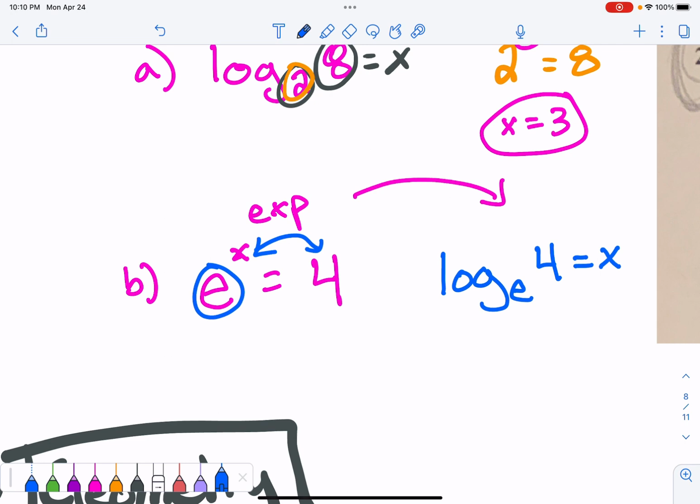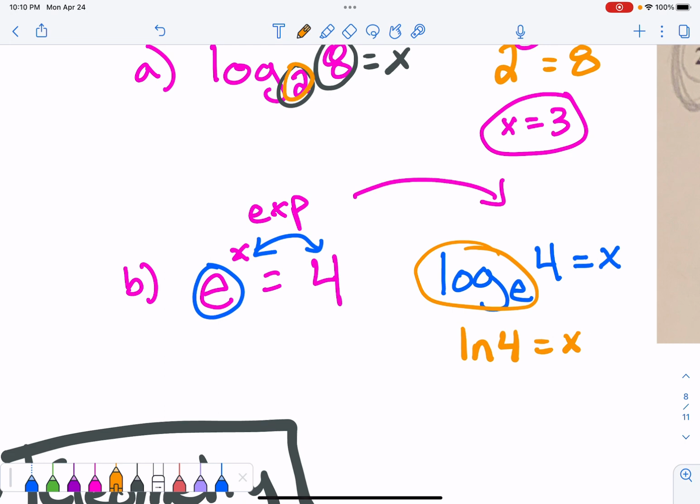And then log e, if you remember from when we did logs way back when, we didn't do it in geometry, we did it in algebra 2. This is going to be fresh in you trig kids' brains. But log e is the same thing as ln, or natural log in your calculator. So you have a calculator that has natural log, and you should just be able to take ln of 4.